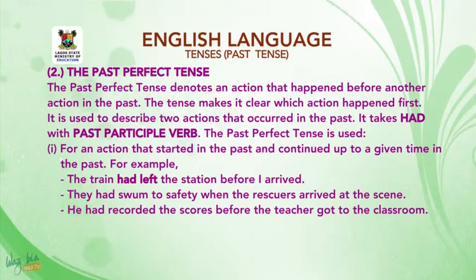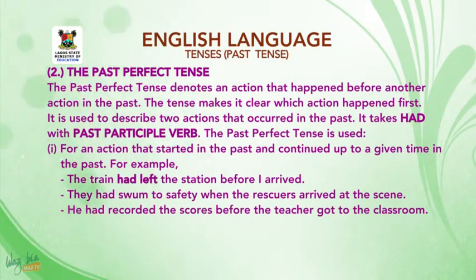Let me explain what we call the past perfect tense. The past perfect tense denotes an action that happened before another action in the past. That means it indicates two actions which started and were concluded in the past.